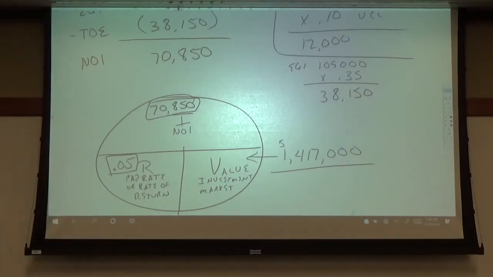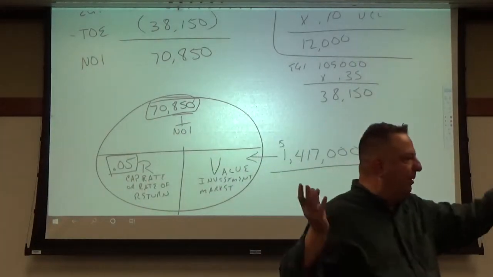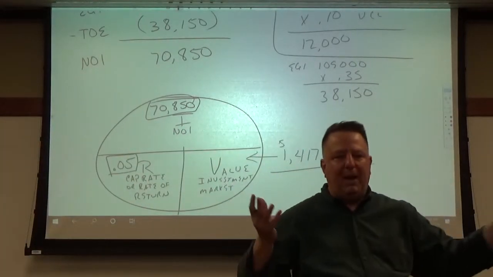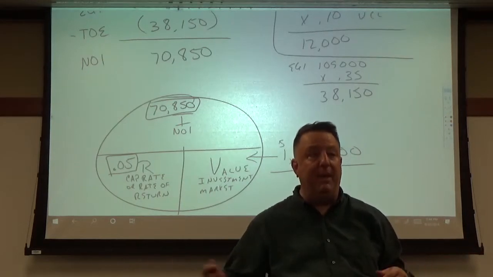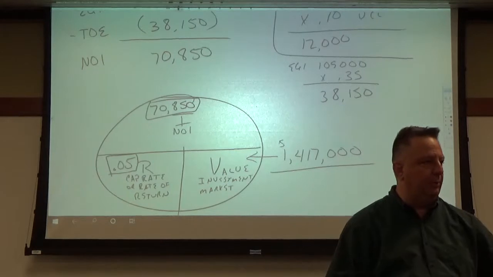But what might give one multifamily project more risk than another? In other words, if you were looking at 2 different 10-unit apartment complexes, what might give one of them more risk, meaning you would demand a higher rate of return than another?